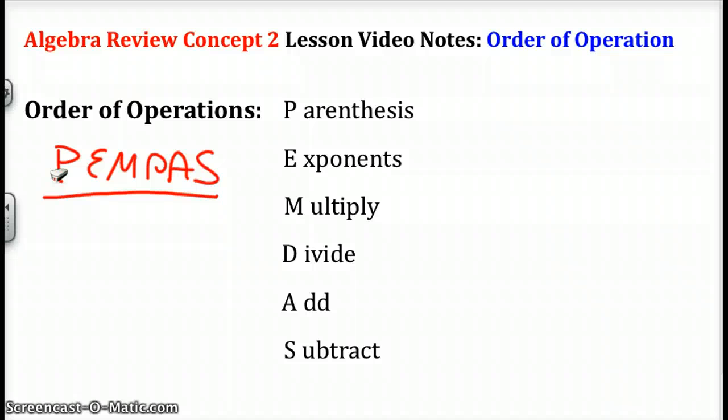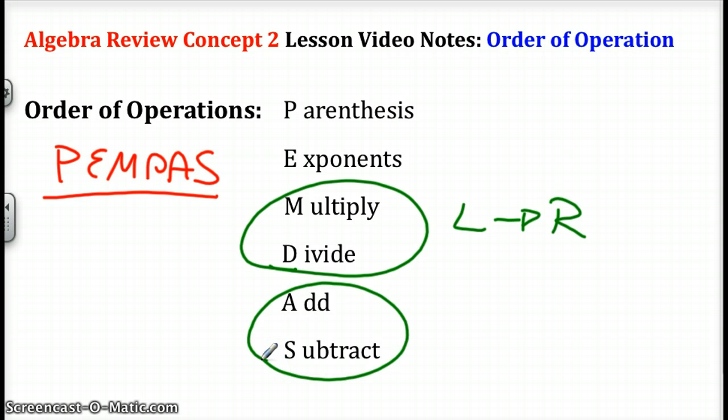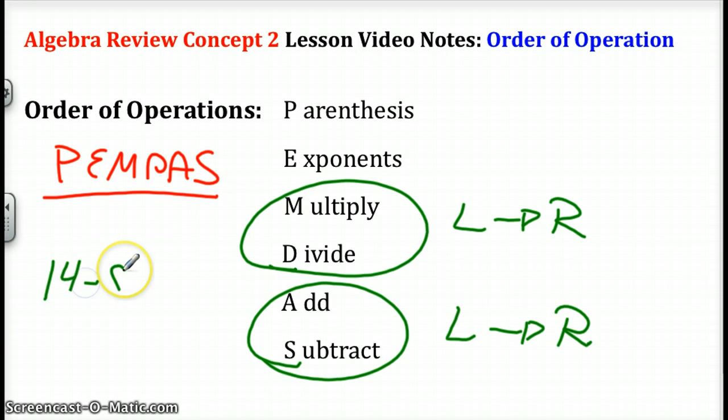One thing to keep in mind, when you have multiply and divide together, you do those from left to right. When you have add and subtract, you do those from left to right. What I'm talking about here is this: 14 minus 8 plus 2.